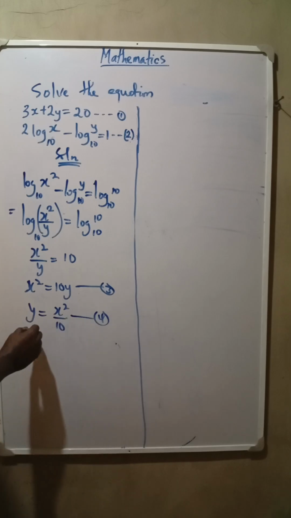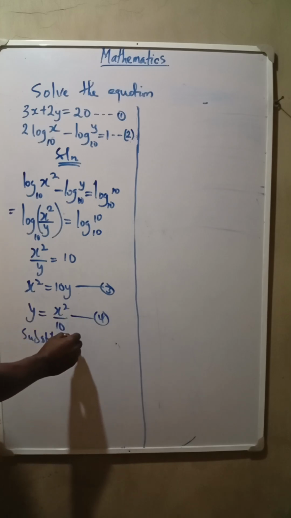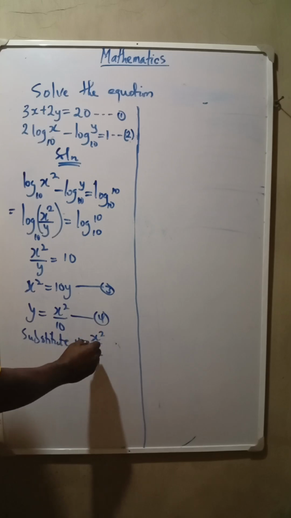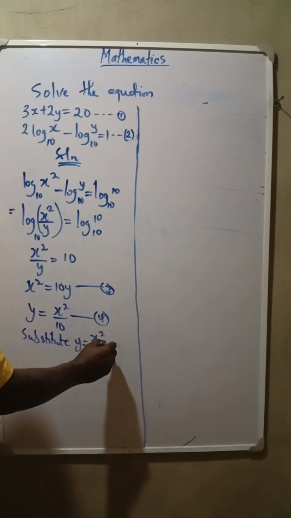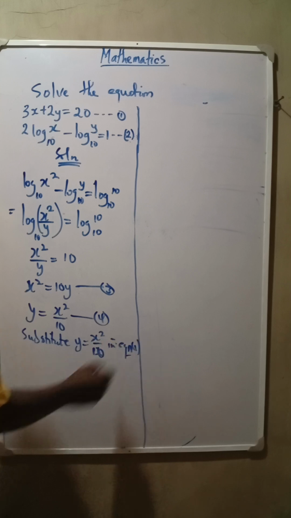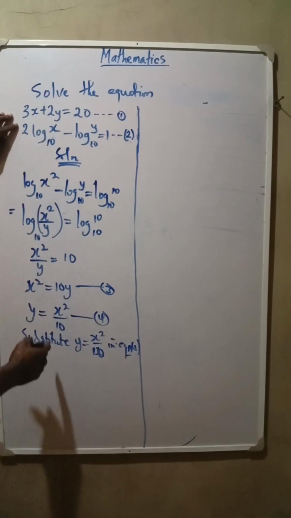I will now substitute y equal to x square over 10 in equation 1. I'm substituting it in equation 1, and this is my equation 1. So anywhere I see y, I'm going to put this.